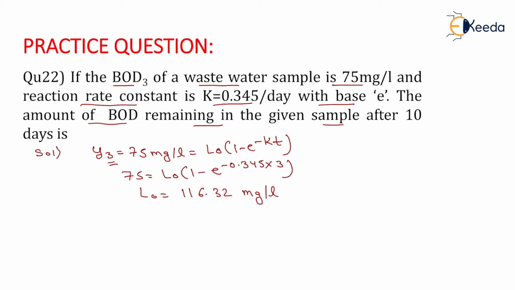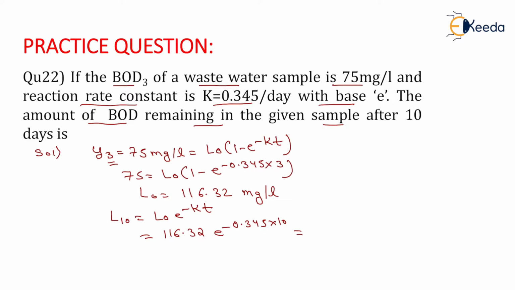Now if you want to compute the remaining BOD after 10 days, it will be equal to L10. After 10 days, L10 will be equal to L0 e to the power minus kt. We have the value of L0 as 116.32, e to the power minus K, where K is given as 0.345, and T is 10.